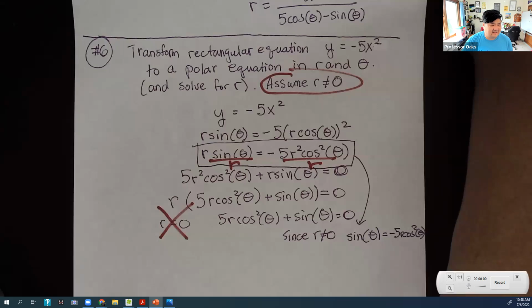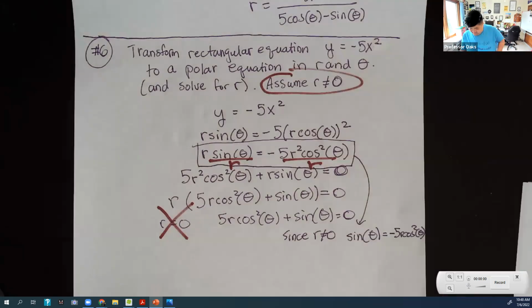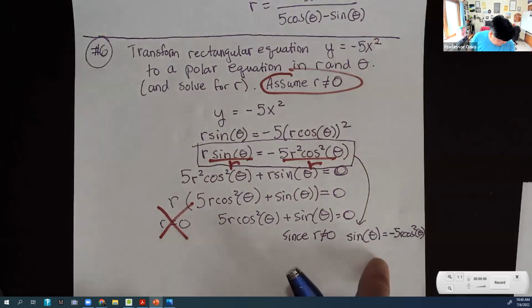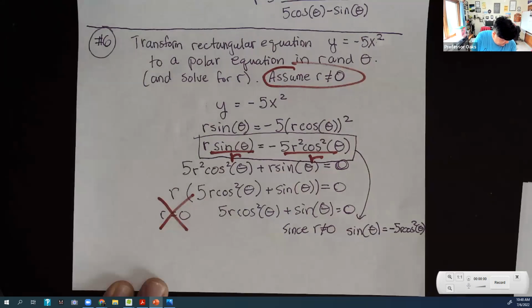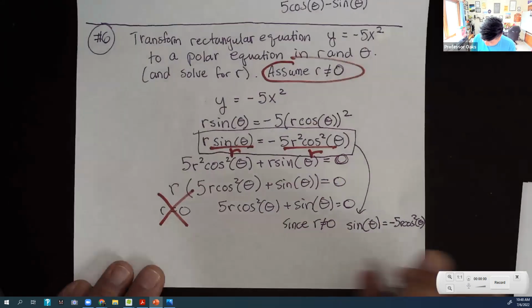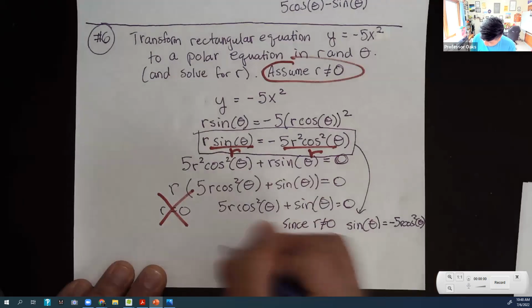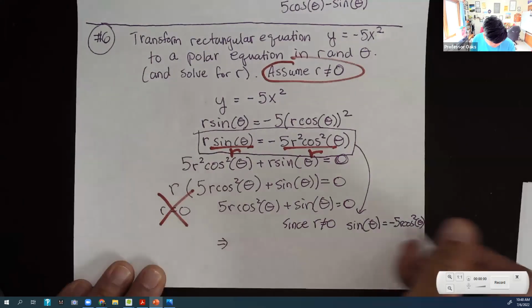It's not typical that r would actually be 0, at least not very often. So this is okay. From here, if you solve for r, you would just divide by -5 cosine squared theta.